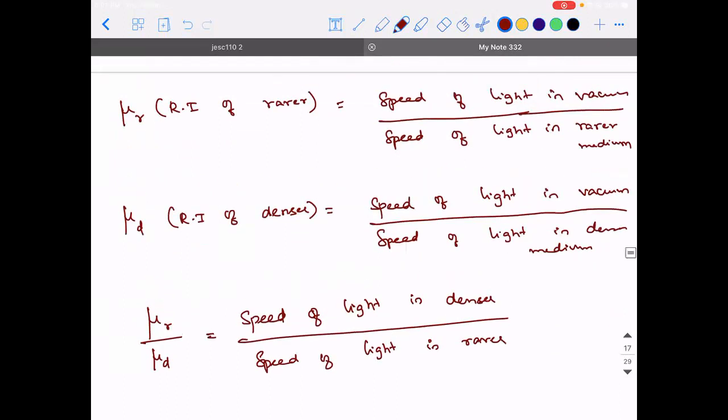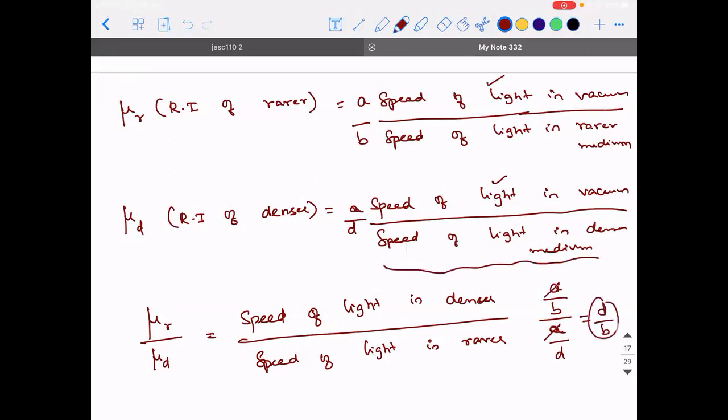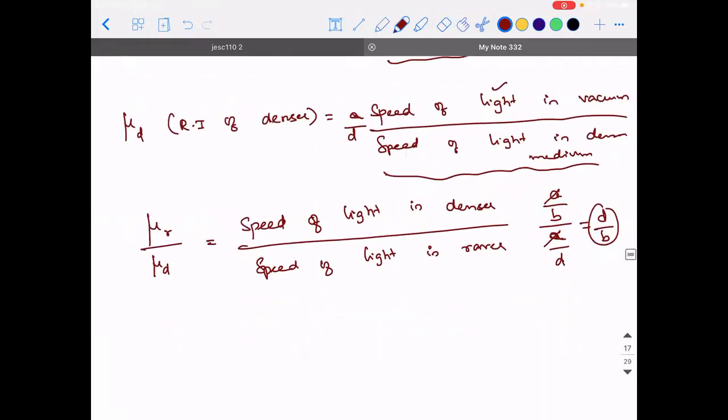Because if I take this as A by B and this as C by D, A by B divided by C by D will be actually A by B times D by C, and this is A by D. Why I wrote A is because this is also speed of light in vacuum, this is also speed of light in vacuum. This and this will get cancelled, I'll get D divided by B. D is nothing but this thing and B is nothing but this thing. That is why I wrote speed of light in denser divided by the speed of light in rarer. I hope this step is clear.